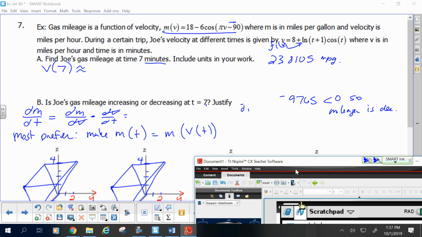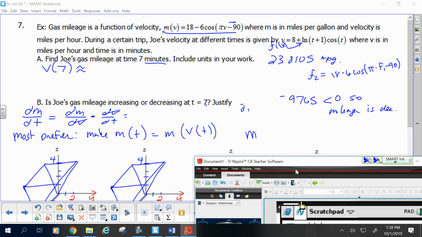And then in F2, you would say F2 is something like 18 minus 6 cosine of pi F1 minus 90. It's much easier to put in with your calculator without error, and it tends to go better. You follow me? Okay. At that point, then, you can have your calculator do all the heavy lifting.